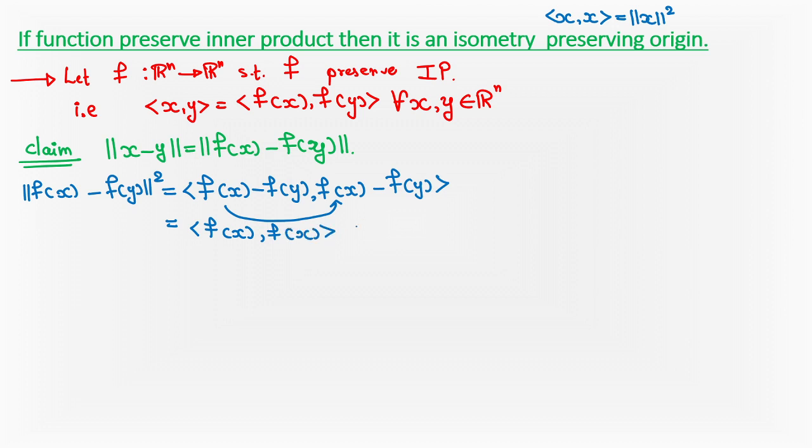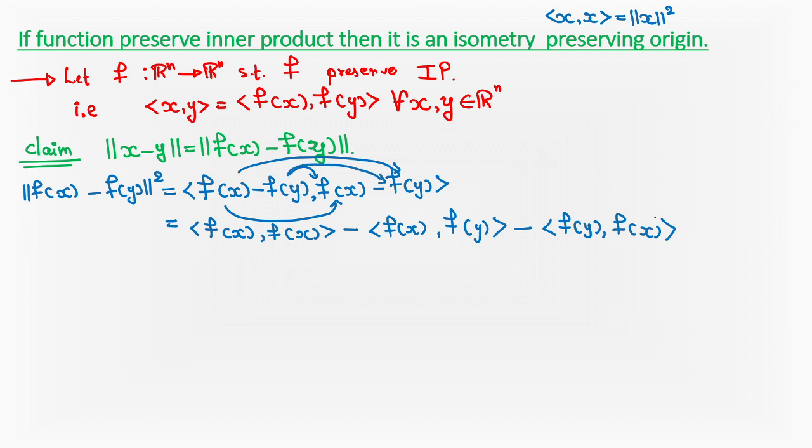Then the first term will go with the last term, so it becomes the inner product of f of x, f of y. Similarly, this will go with this, so it is minus the inner product of f of y with f of x, and at the end f of y will go with f of y, but both are minus, so it becomes positive, f of y with f of y.